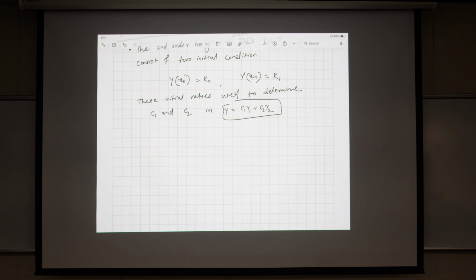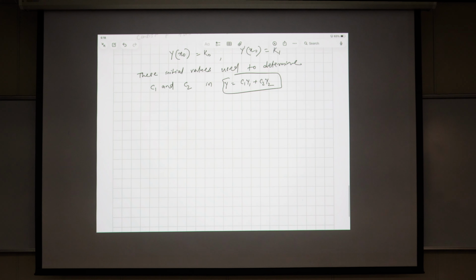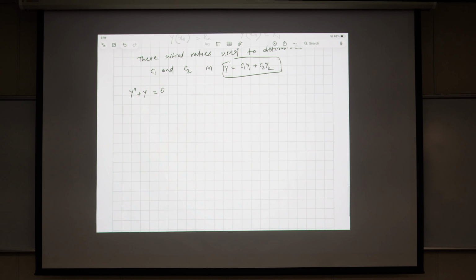Just like, if I give a very simple example in two lines, the problem we solved, y double dash plus y is equal to 0, and we found the solution y is equal to c1 cosine x plus c2 sin x, something like that.